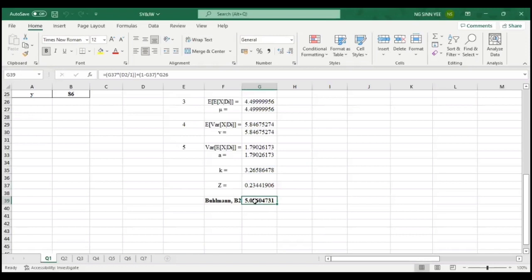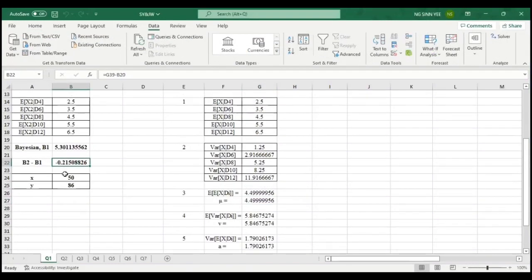And after getting the z, we will be able to find the Bowman value. So the Bowman value is actually z times the x bar plus 1 minus z times the mu. So basically, in this question, the x bar is 7 because the first value that the row got is 7. So basically, we'll get this value.